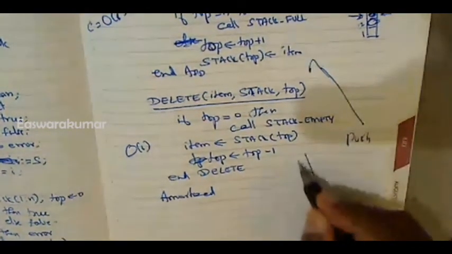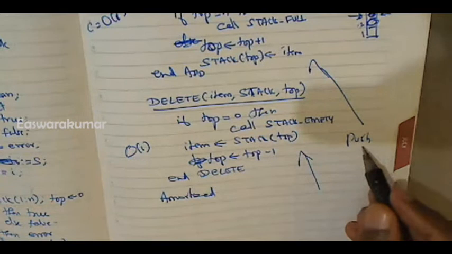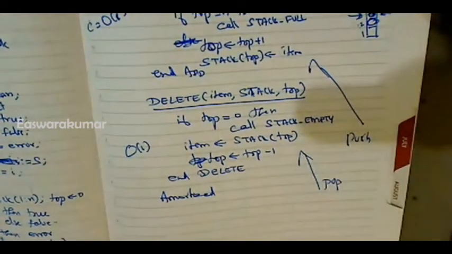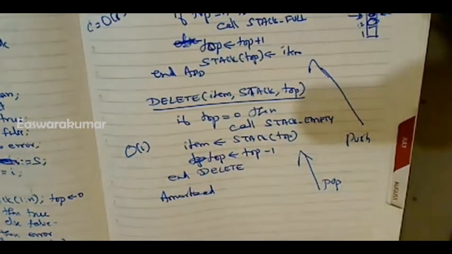Commonly people say push instruction is add and pop instruction is delete. Push and pop are the two important functions in the stack, because we have to use these two for adding an element and deleting an element.